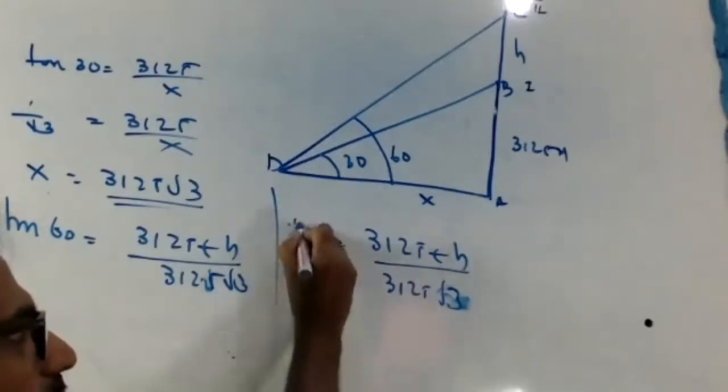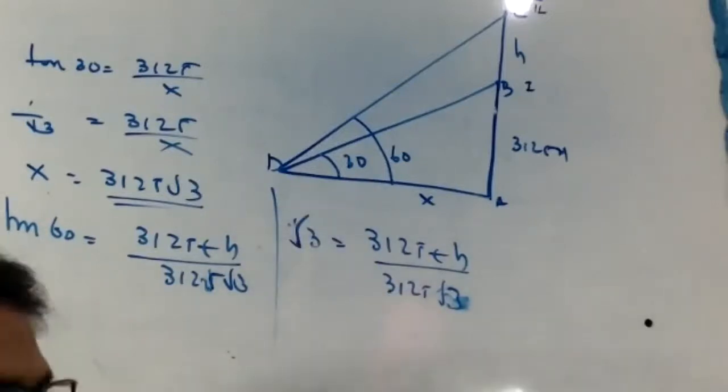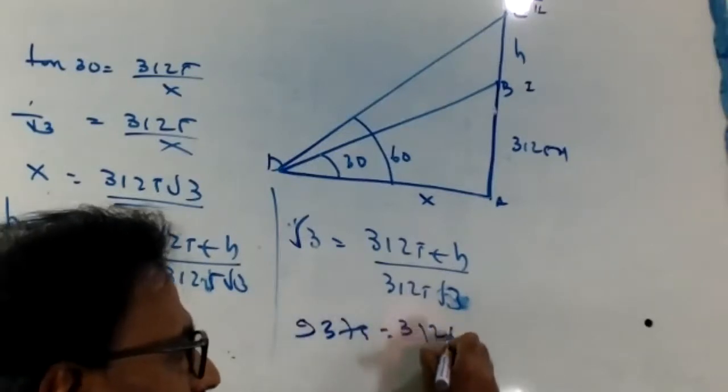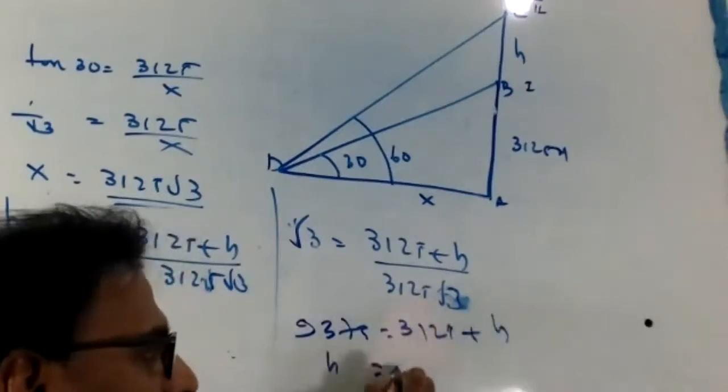So what do you get this one? 3 into 3125 how much? 9375 equal to 3125 plus h. So h we can find out.